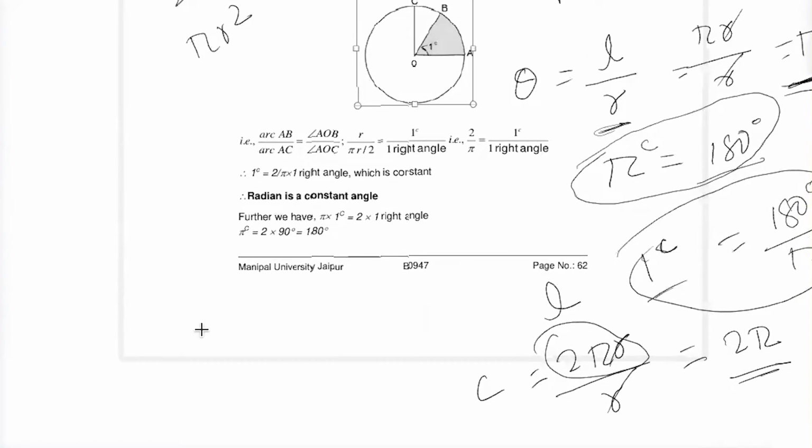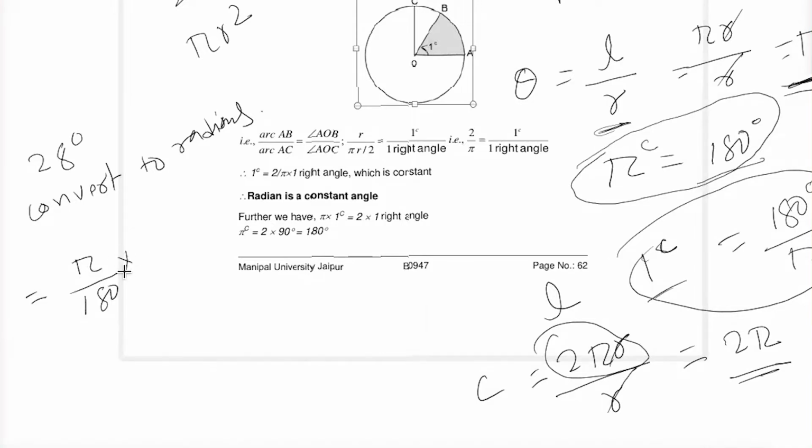I will make it easier to use in exams. Say there is an angle of 20 degrees, and the question is to convert to radians. Then you have to always multiply pi by 180 into that angle.